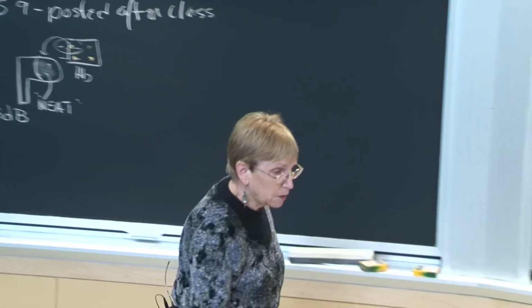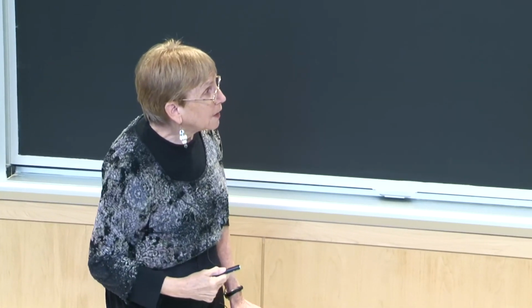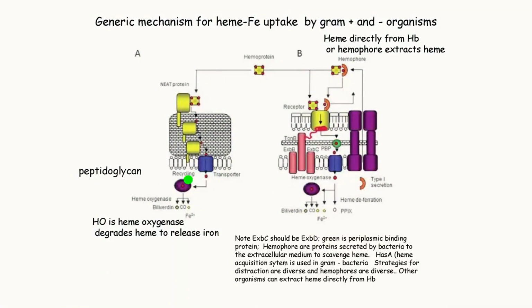Again, all of these gram-positive and gram-negative systems are slightly different, but in the Staph aureus system we'll be talking about today, and you had to think about in the problem set, you basically have a cascade of proteins which have additional NEAT domains. Because this is such a large peptidoglycan, you need to transfer the heme to the plasma membrane transporter.